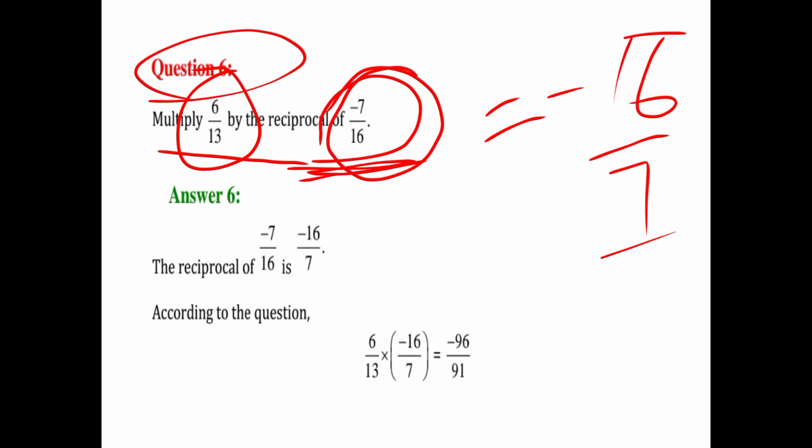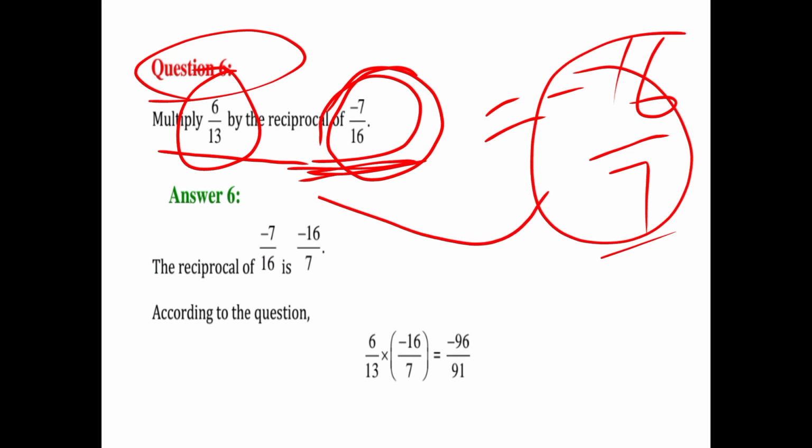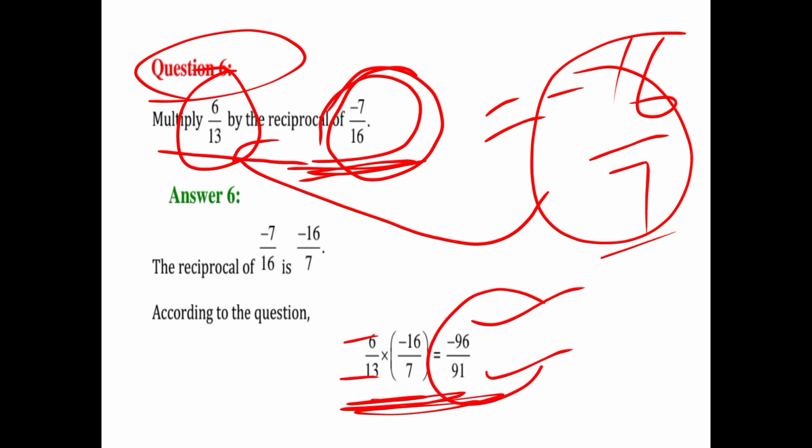Then this is to be multiplied with 6 by 13. So 6 by 13 into minus 16 by 7. After multiplication, 6 into minus 16 is minus 96, and 13 into 7 is 91.